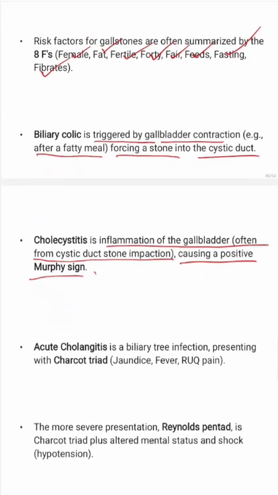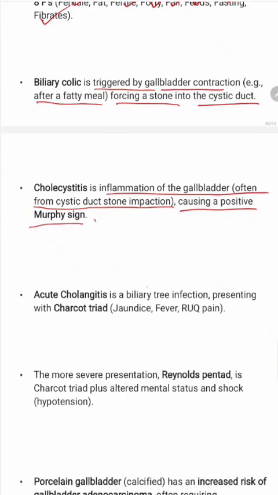Now, acute cholangitis is a biliary tree infection and it presents with Charcot triad: fever, pain, jaundice. You have to memorize it: fever, pain, jaundice. Now, there is also Reynolds pentad, which is the more severe form: Charcot triad plus altered mental status, confusion, and shock, hypotension.